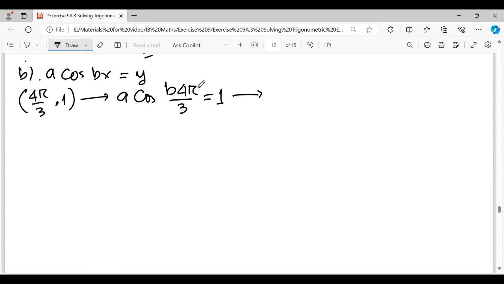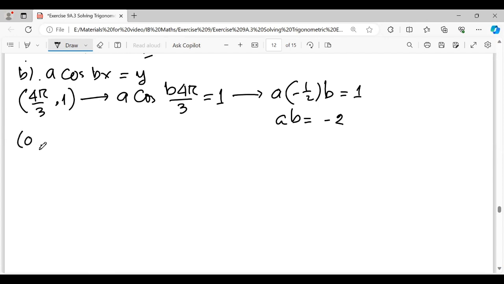Cosine 4 pi third is negative half, so a times negative half times b equals 1. So a times b equals negative 2.